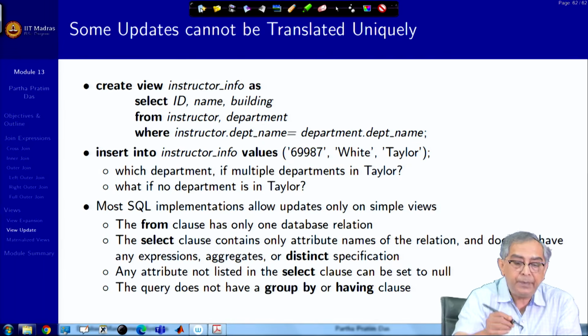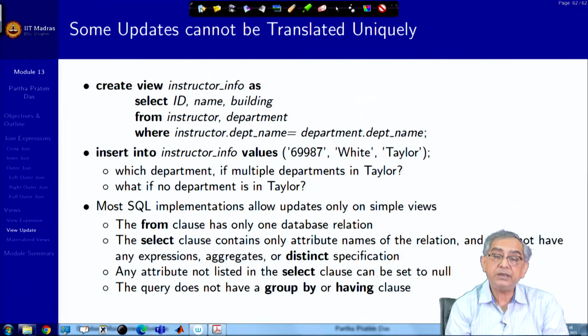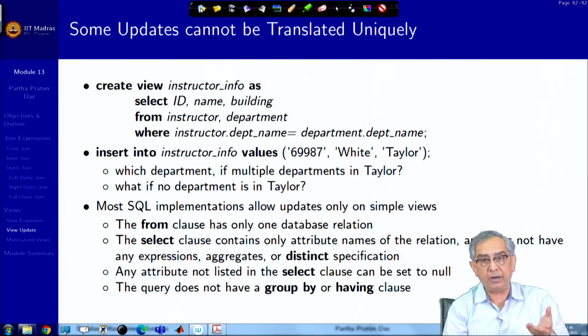So updates in terms of views often will be restricted. Most SQL implementations allow updates only on single relation views, simple views. That is, there is only one relation and the select clause has only attributes from that relation and so on. Not very complicated things. Just check your database manual to see what kind of view updates are allowed on your particular system.